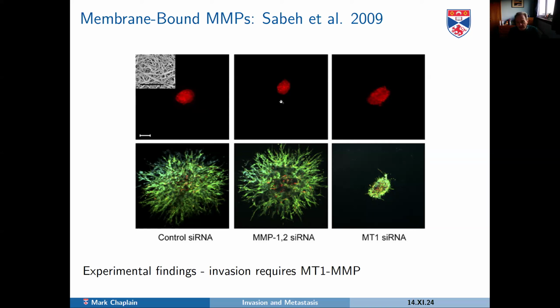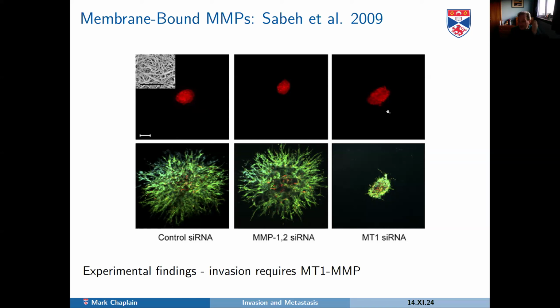This central panel is where the diffusive enzymes were knocked out. So they engineered the cells to stop them secreting the diffusive enzymes, but they did have the membrane-bound enzymes. And you can see there's very little difference between this invasive pattern and the control pattern. And then in the right-hand column, they knocked out the membrane-bound enzymes, but allowed the diffusible enzymes to be present.